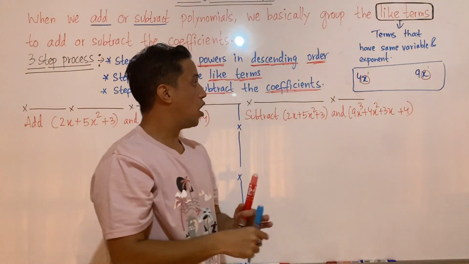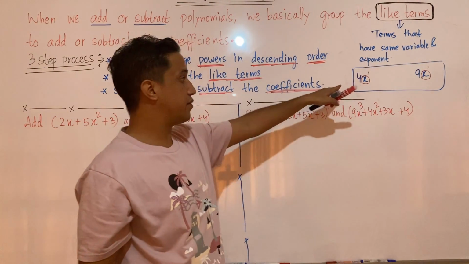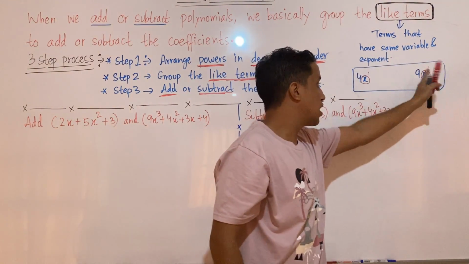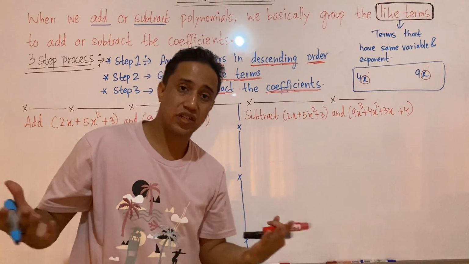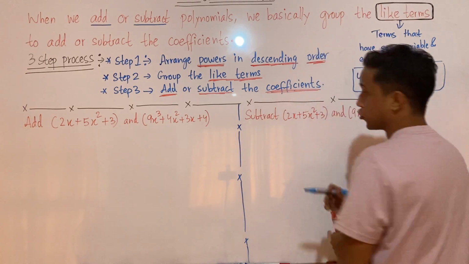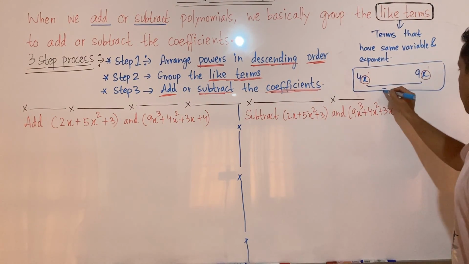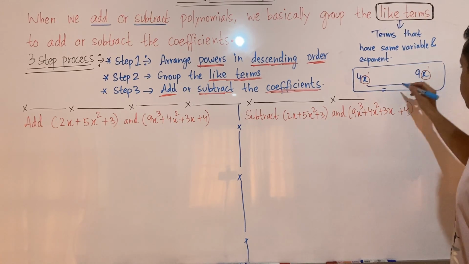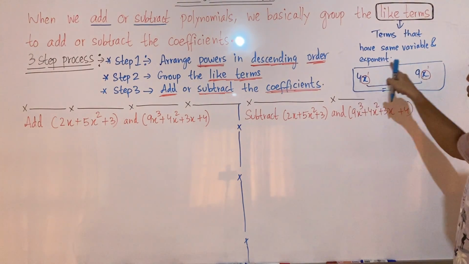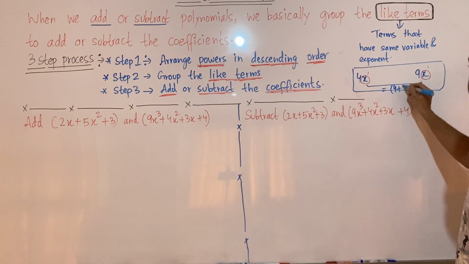Okay, so if I'm adding the two expressions, then once I know that these are the like terms, what I can do is I can group these two terms, and I will take the x common out from here, and then I will just simply add the coefficients.